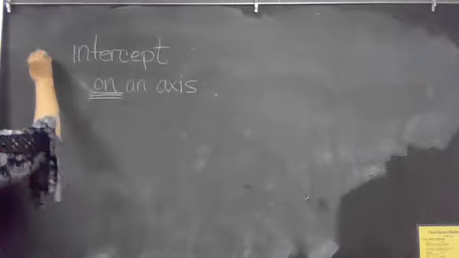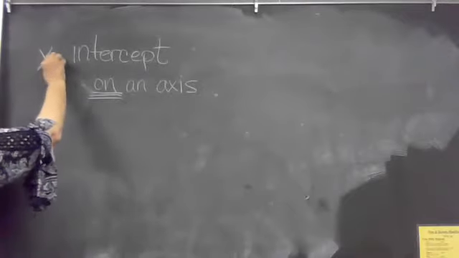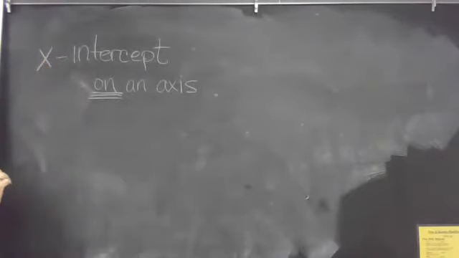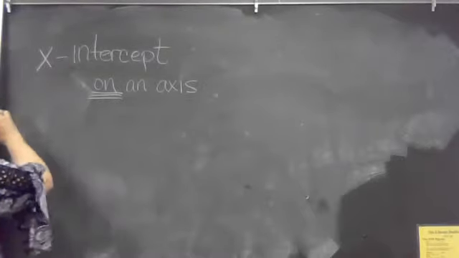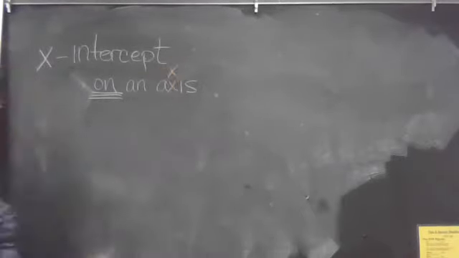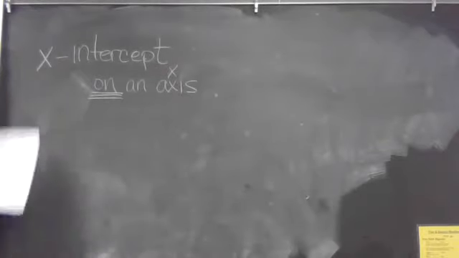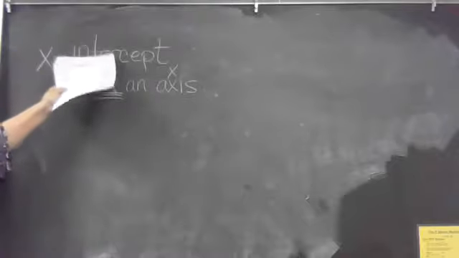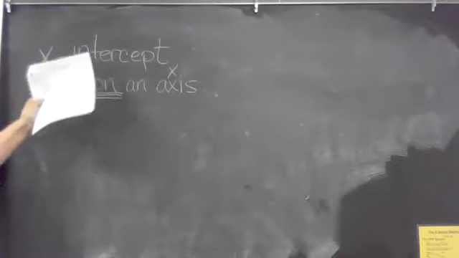If you have an x-intercept, then the point will be on the x-axis. Intercept will always be on an axis.